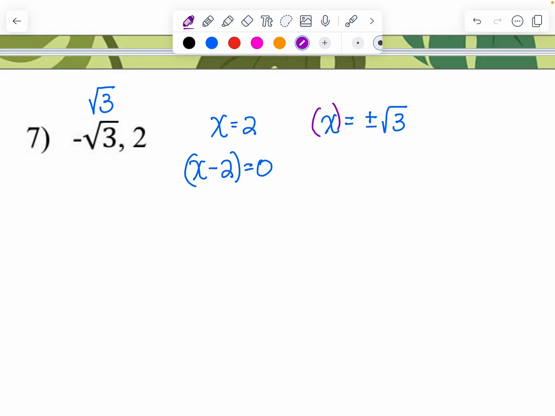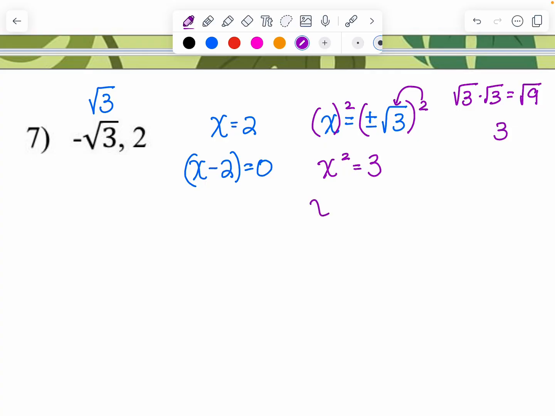I'm going to go ahead and square both sides. And I'm going to end up with x squared equals, and I'm going to raise the square root of 3 to the second power. So that means the square root of 3 times the square root of 3, which equals the square root of 9, which is actually just 3. So my answer here is x squared equals 3.